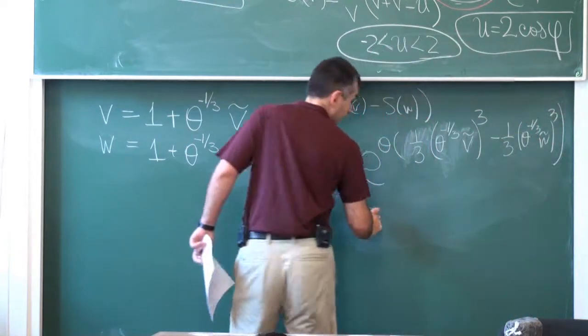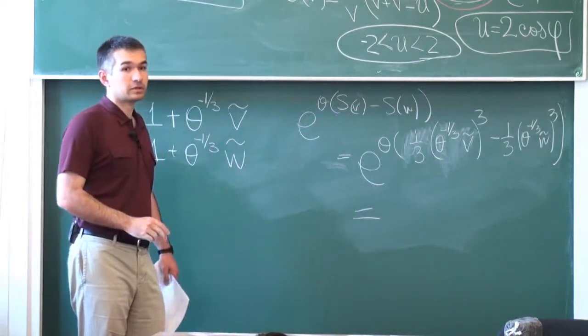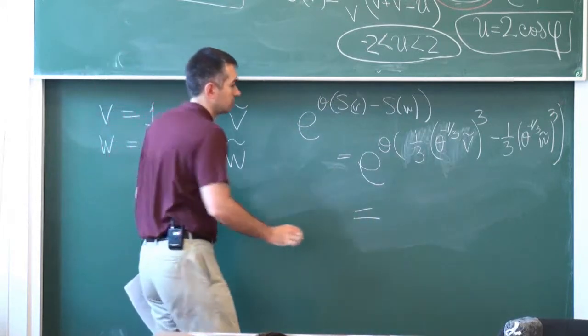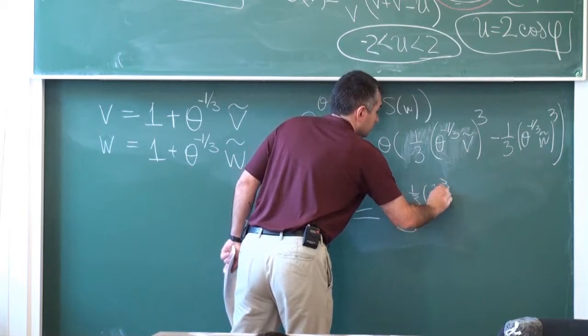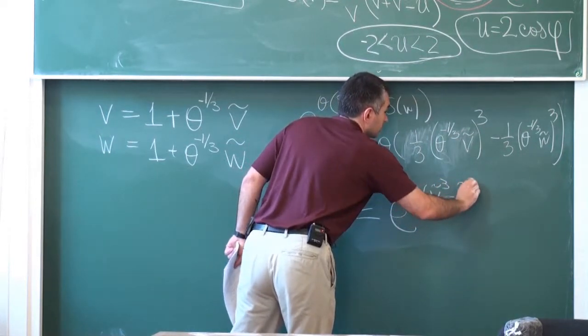Now the good thing is that theta cancels from this computation, and so you get e to the power 1/3 (v tilde cubed minus w tilde cubed).